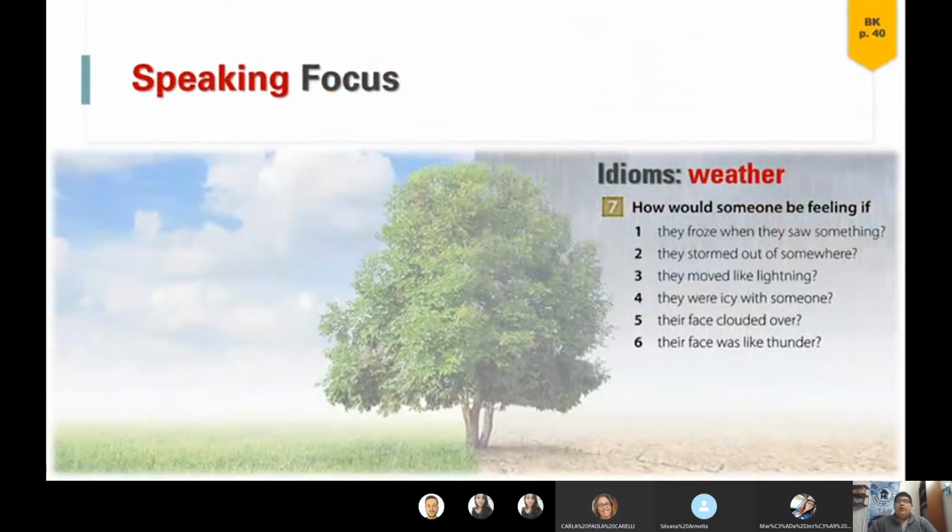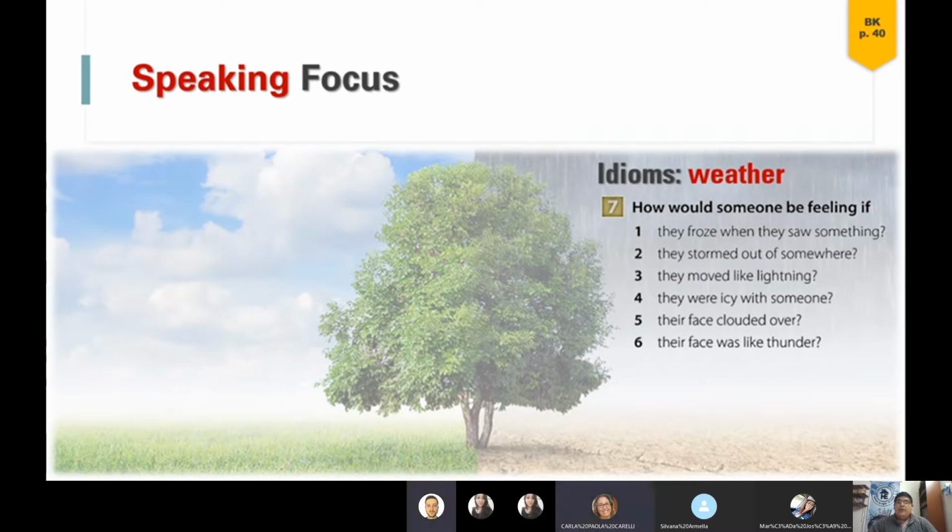But here you have to think about the meaning of these expressions, yes? These idioms are used to refer to people's mood or the feelings of some people. It is from the very same page, book page 40, exercise 7, okay? So think about it. How would someone be feeling if they froze when they saw something?